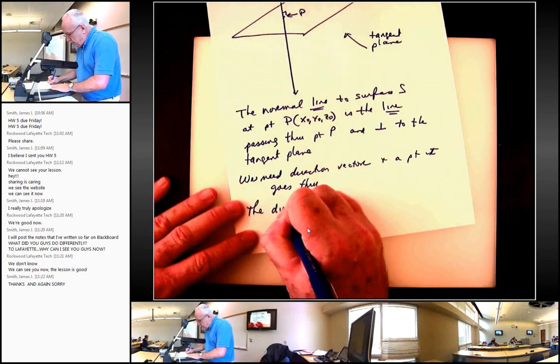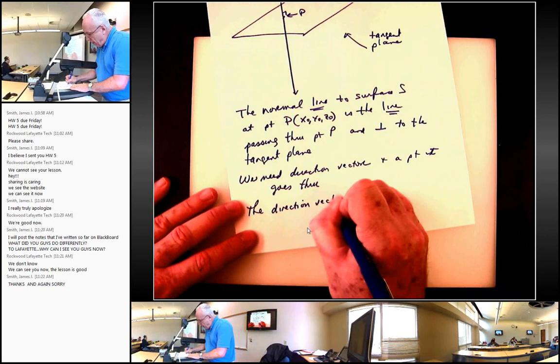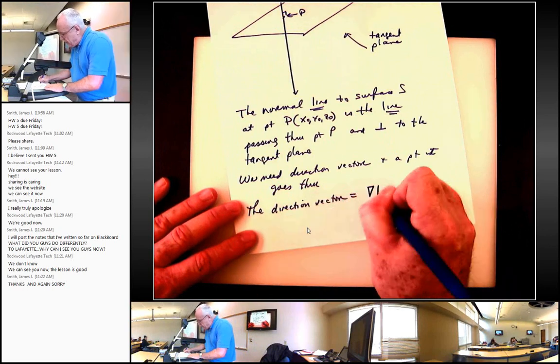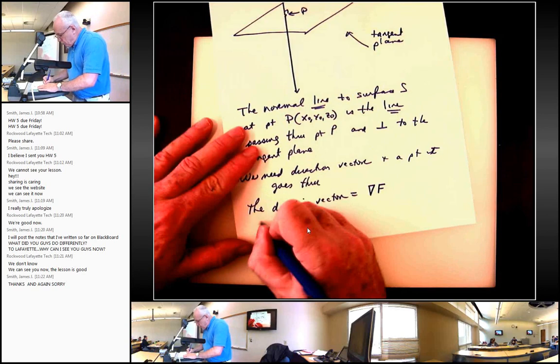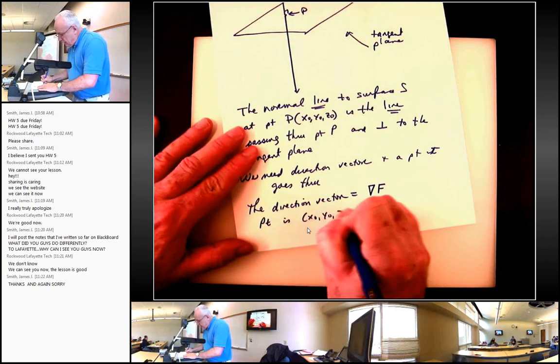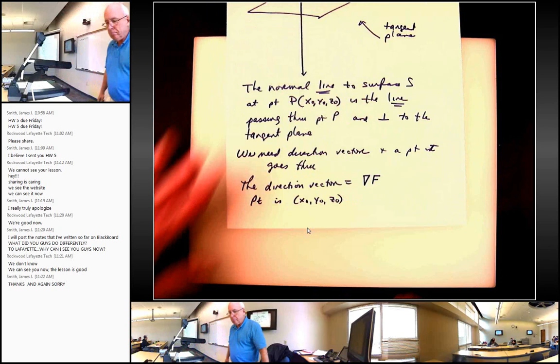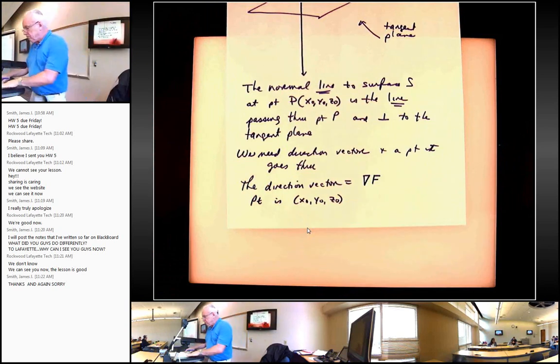So the direction vector equals the gradient vector, okay? And we know the point we're given, the point is x naught, y naught, and z naught, okay?